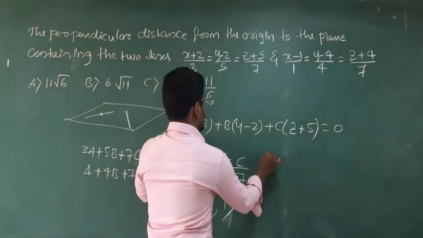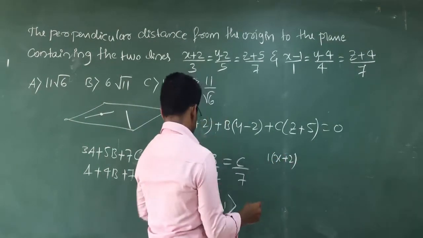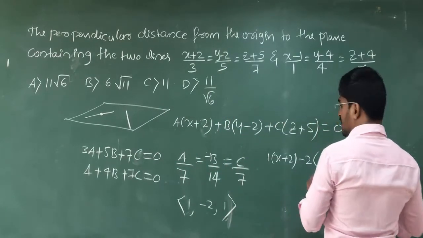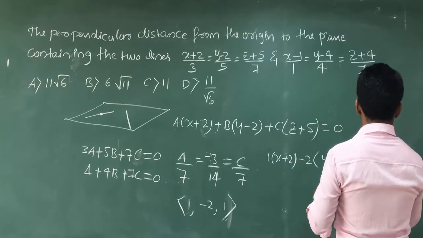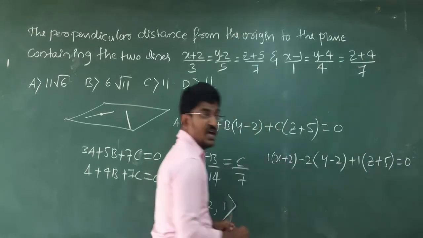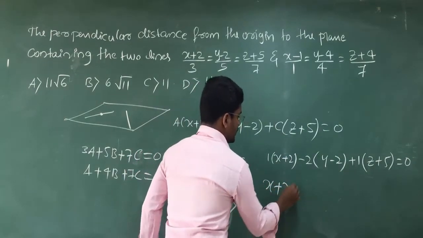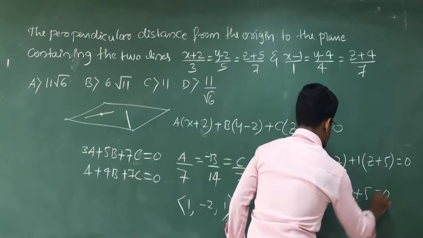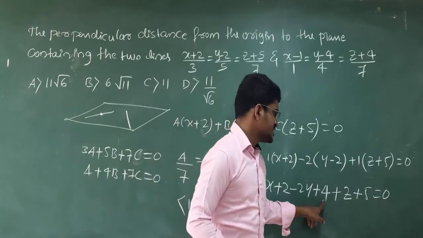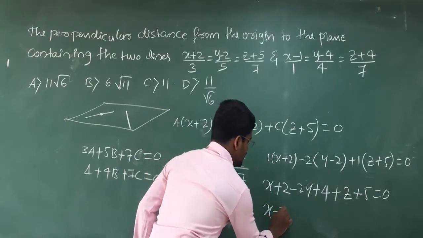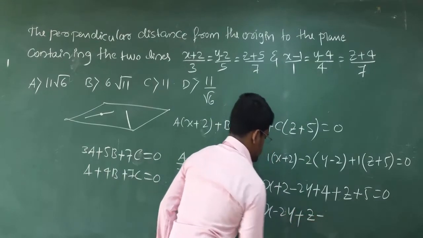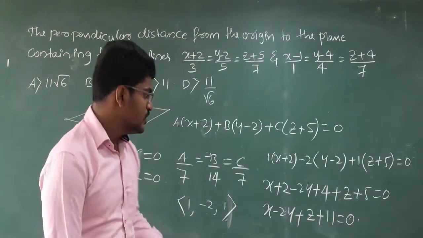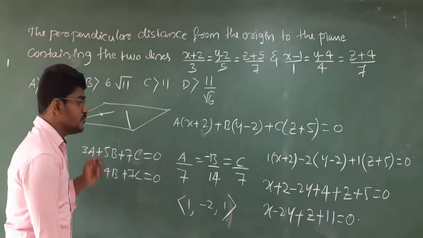So that will be 1 into x plus 2, minus 2 into y minus 2, plus 1 into z plus 5 is equal to 0. Clear? So that will be x plus 2 minus 2y plus 4 plus z plus 5 equal to 0. 2 plus 4 is 6, 6 plus 5 is 11. x minus 2y plus z plus 11 is equal to 0. So by using this equation, now you have to find the distance of this plane from the origin.